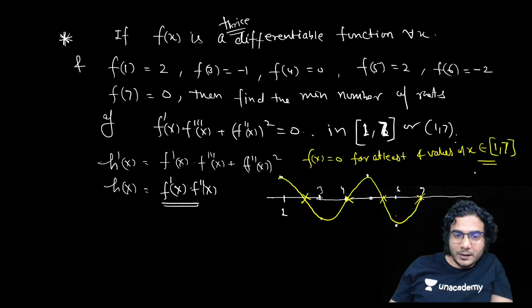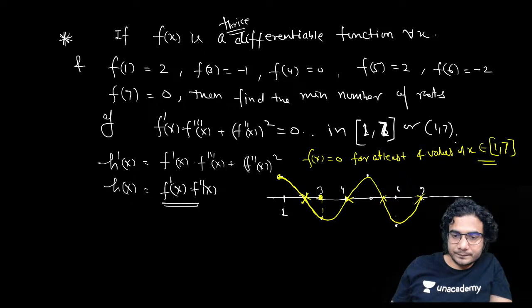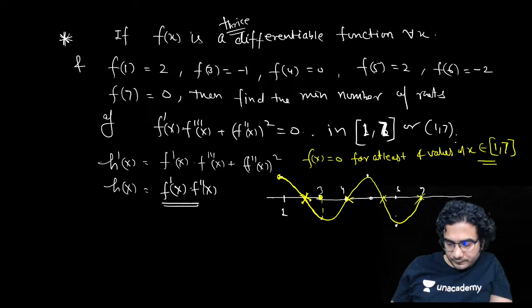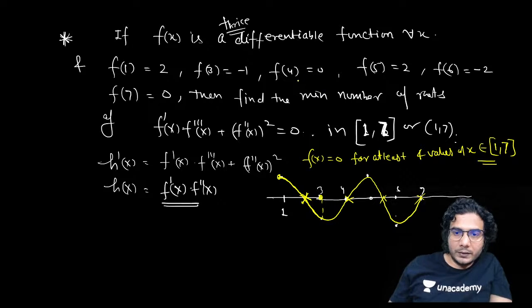You told me f's wrong? f will have 4 roots. Clearly we can see if f of 1 is positive and f of 3 is negative, then in between it will cross the x axis once. You have just taken 2 values, 4 and which one? 7.